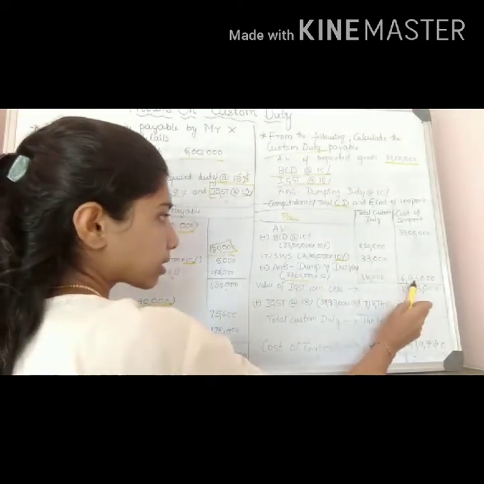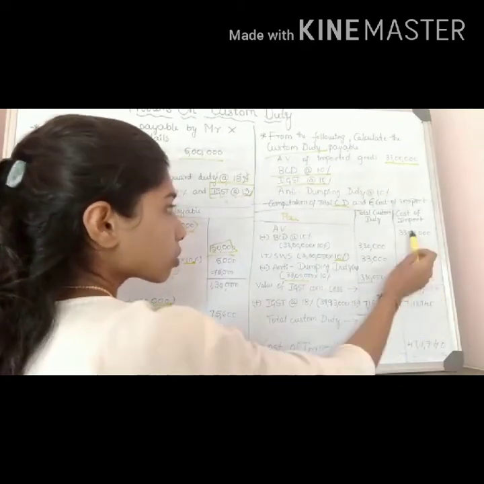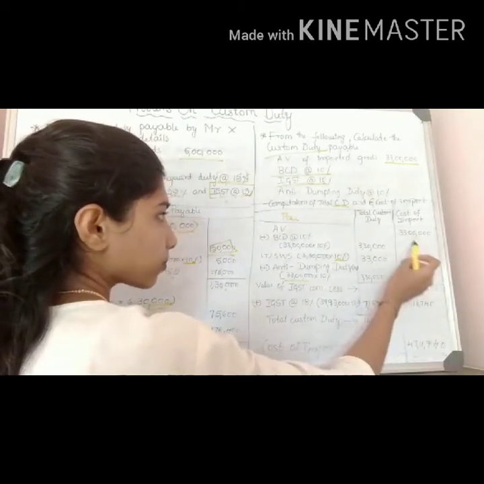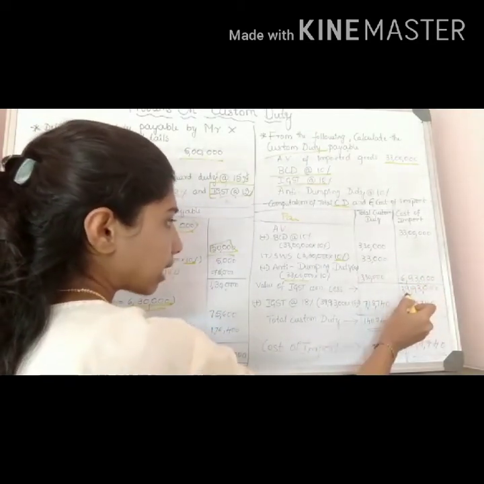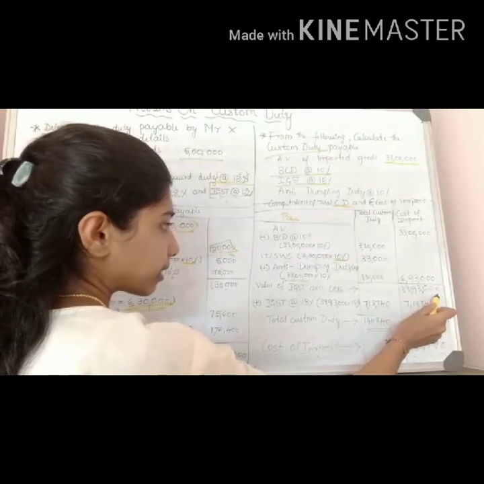So total duties are 6,93,000. So 33 lakh plus 6,93,000 is 39,93,000.